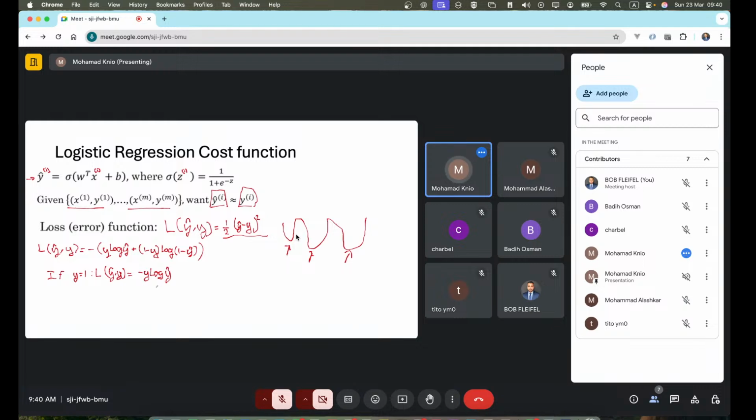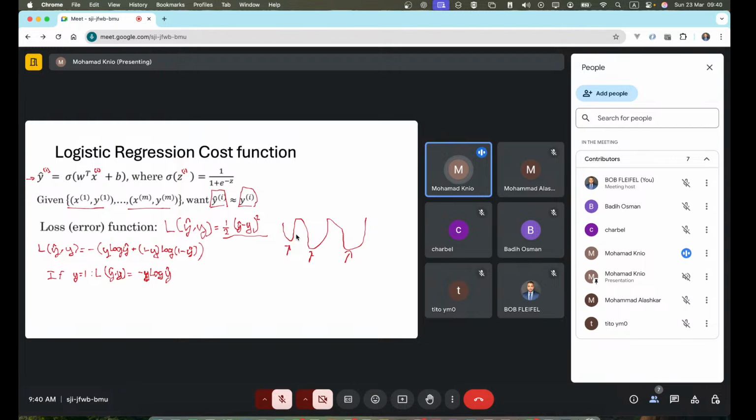And here we want log y hat to be large, and so we want y hat to be large. Here this would actually just be minus log y hat, because y is 1.